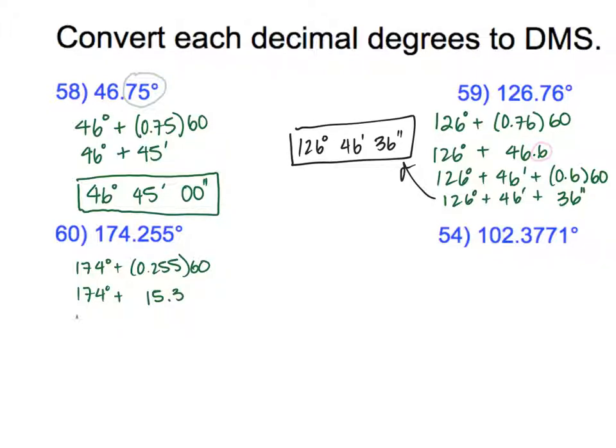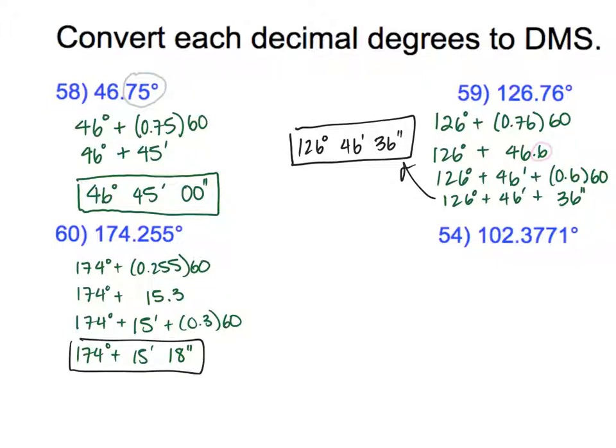I use that 15 for my minutes. Then I take the 0.3 and multiply that by another 60. If you multiply this out, you're going to get 18, so that's 18 seconds. If you don't believe me, use a calculator and you'll see you get 18.